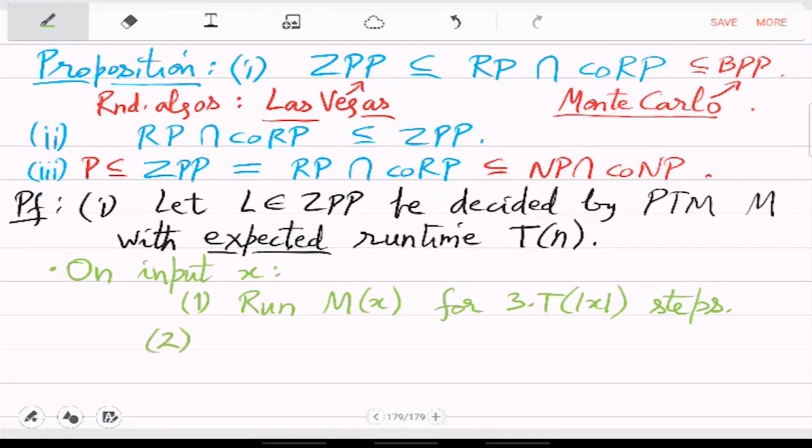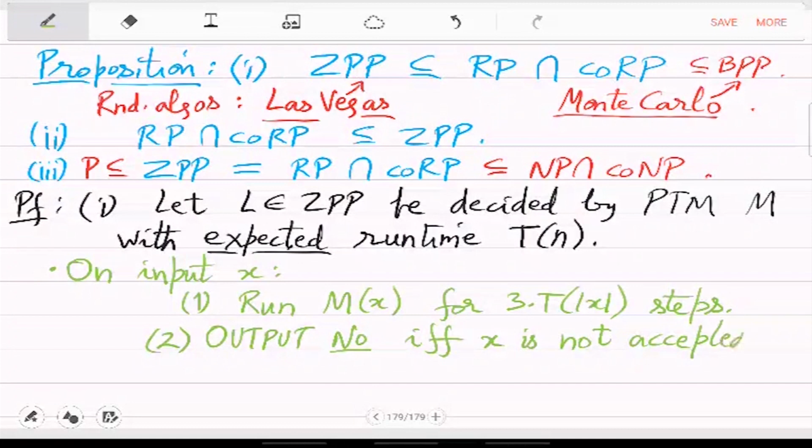If the answer hasn't come yet, output no. So output no if and only if X is not accepted in these steps.